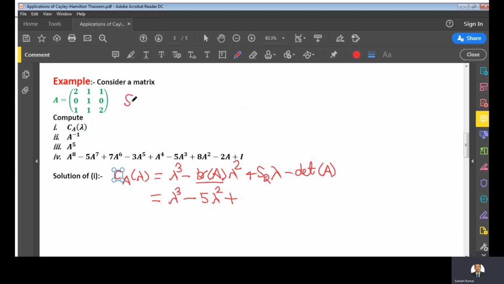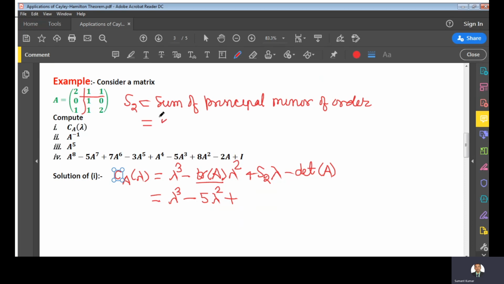S2 is the sum of the principal minors of order 2. So the sum of principal minors of order 2 is what? You delete the first row and first column and find the determinant of this submatrix.